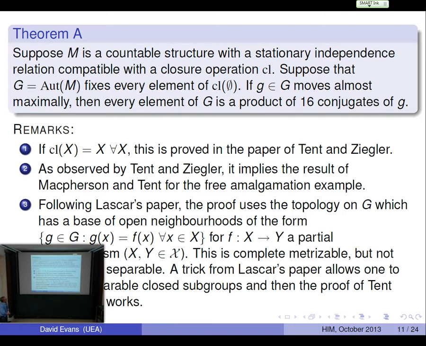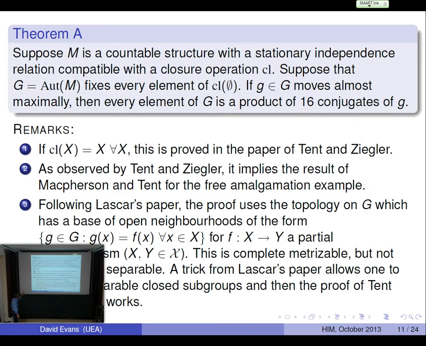So we use a topology on G which has a base of open neighborhoods of this form. You take all automorphisms which extend a given partial function as a basic open set, and you take all of these. That gives you all your basic open sets. If the closure of a finite set is always finite, this is the usual topology of pointwise convergence.